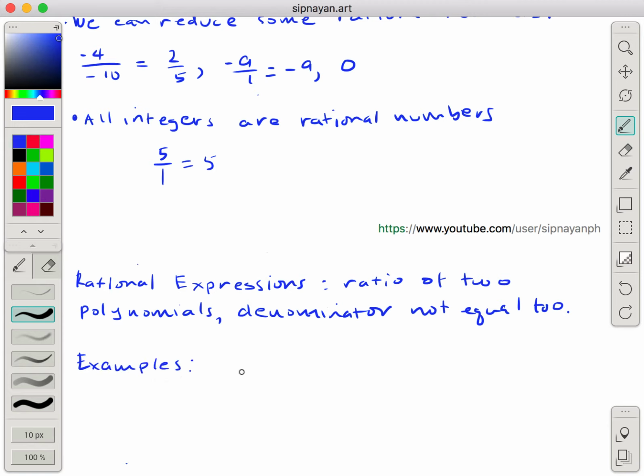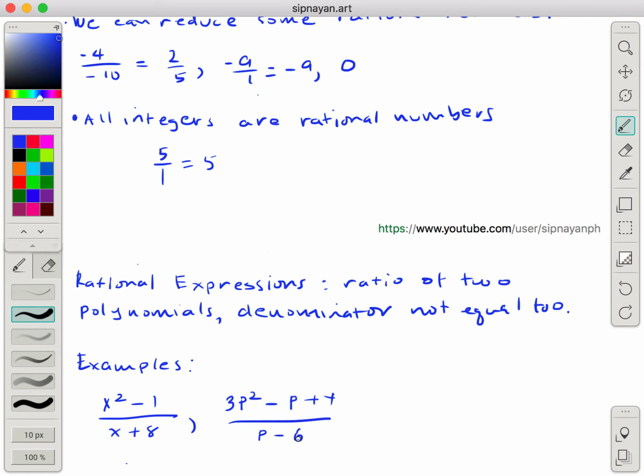So, we have x squared minus 1 over x plus 8. So, this is an example of a rational expression because this is a polynomial. This is a quadratic polynomial, and then this is another polynomial, and then I have here 3p squared minus p plus 4 over p minus 6.